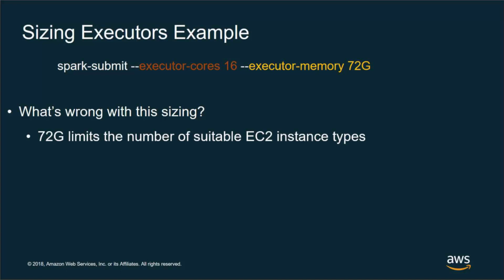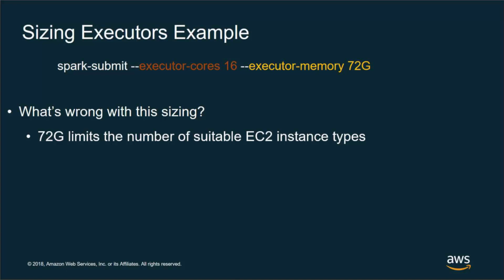And if you know that EMR would actually limit the size of the executors with the Spark configuration, with the YARN configuration of memory overhead and other static configurations that keep some memory for the operating system, we would actually be looking at a relatively small number of instance types that we can use.